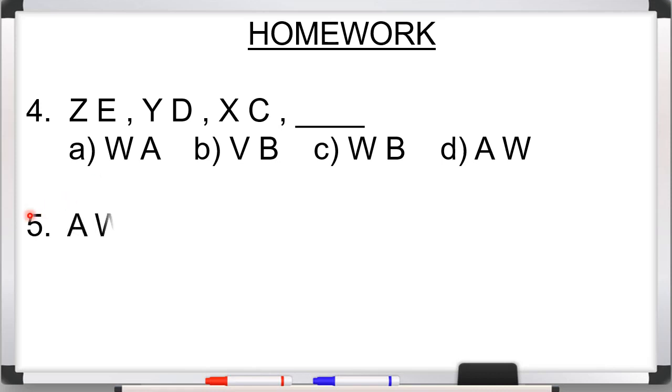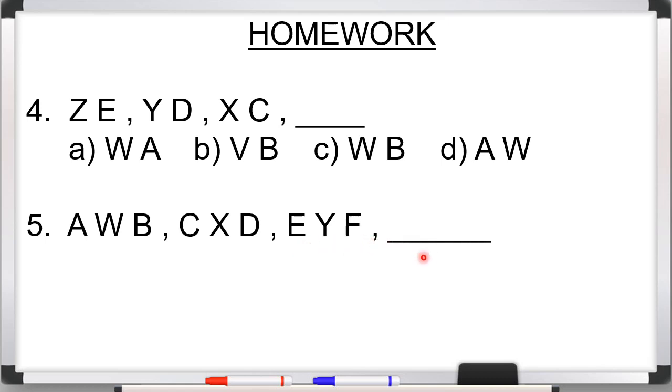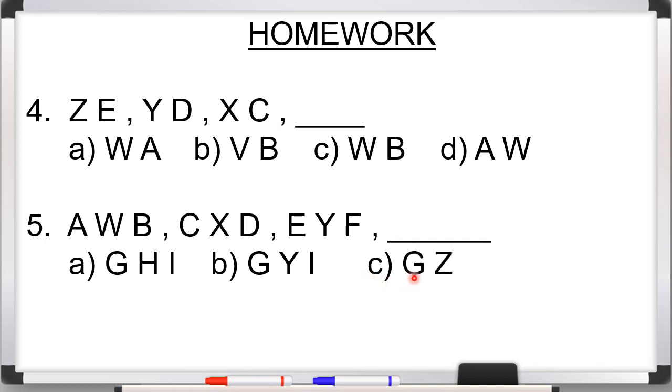Question 5, AWB, CXD, EYF, dash. Option A, GHI, option B, GYI, option C, GZH, option D, AZI.